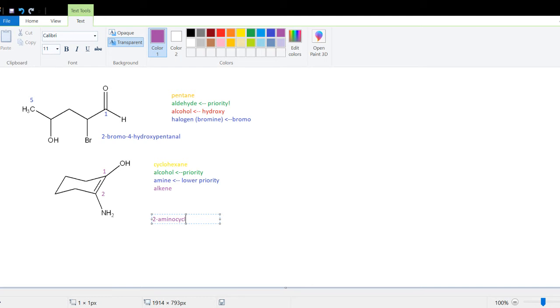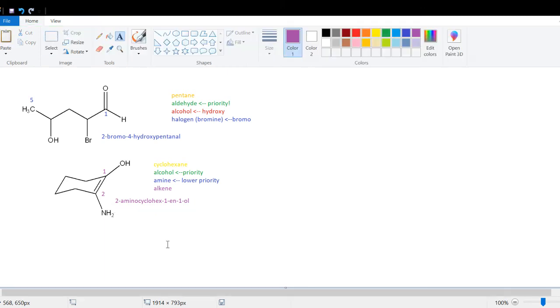I have cyclohex, and I need to put 1-ene, right? And then we name alcohols by taking the E off the end. And that doesn't change whether or not you're talking about a cyclic structure or not.